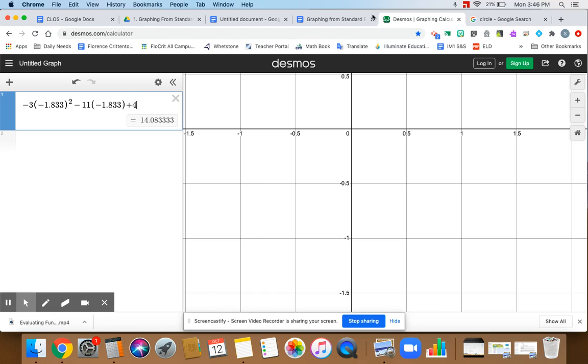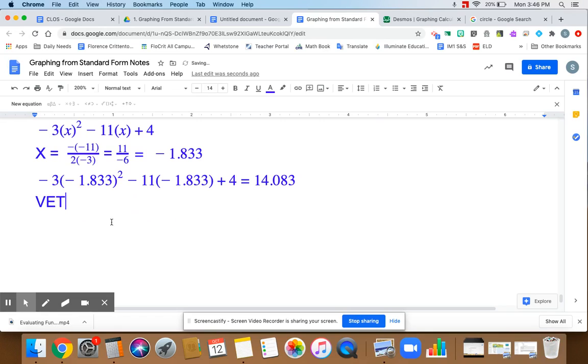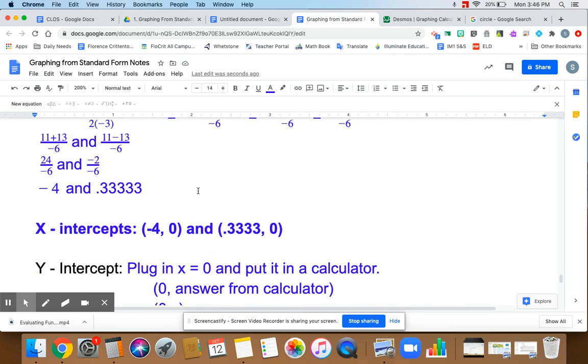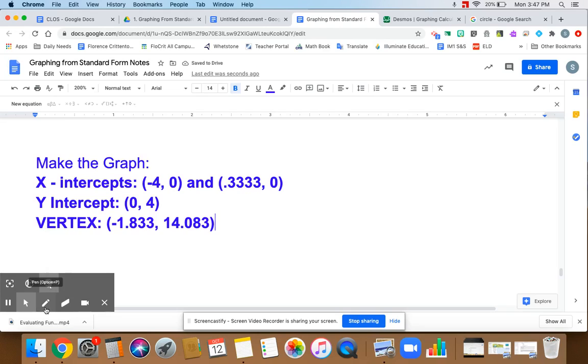And I get 14.083. The vertex, the x was negative 1.833, and the y is going to be at 14.083. So now that I have these points, I'm going to grab them all and put them all close together.